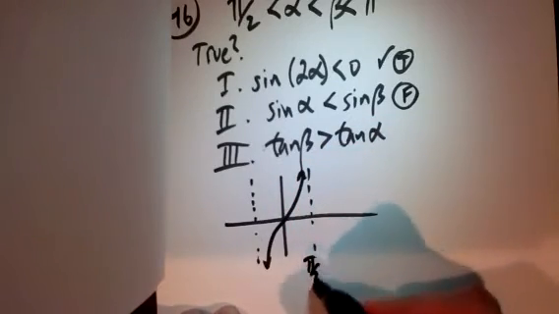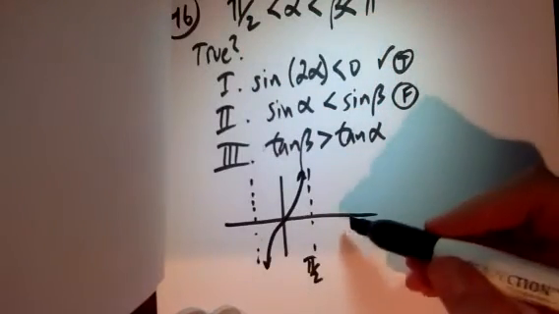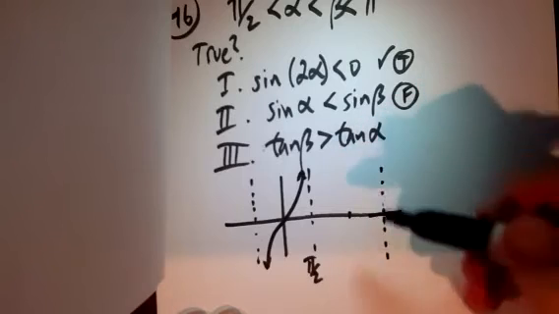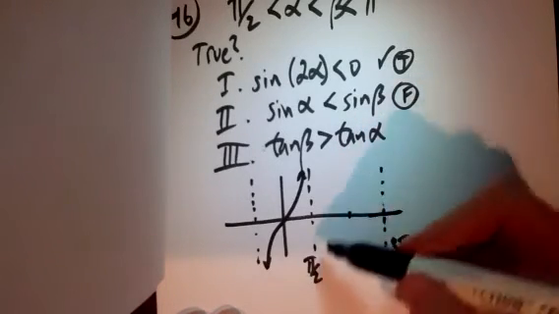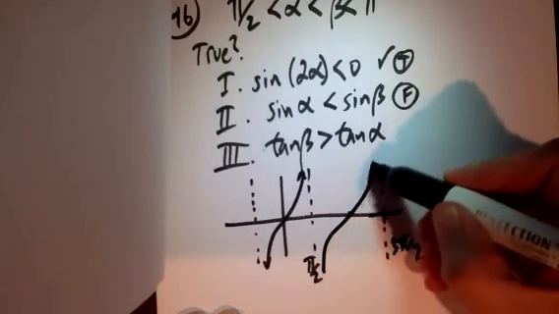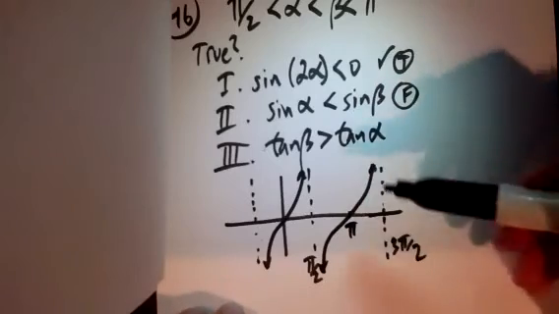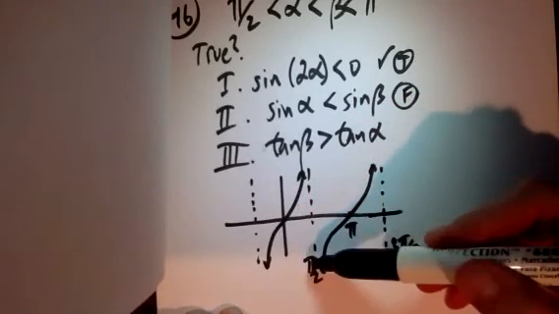But we're curious about what happens between pi over 2 and pi. At 3 pi over 2, we have another asymptote, and the function looks like this. So here is pi. The tangent of pi is 0. The tangent of pi over 2 is undefined.